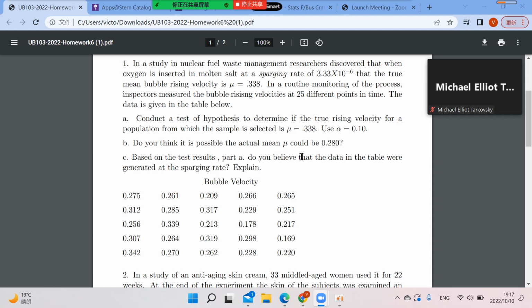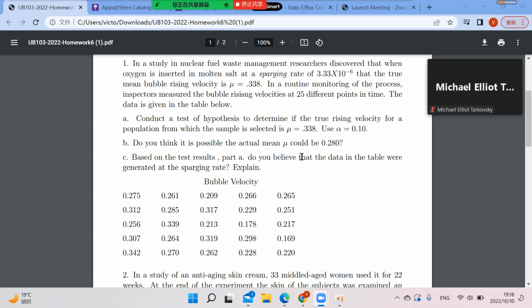For part B, there are two ways to address it. First, you do the t-test again, however you just use mu equals 0.28, whereas in part A we used mu equals 0.338.